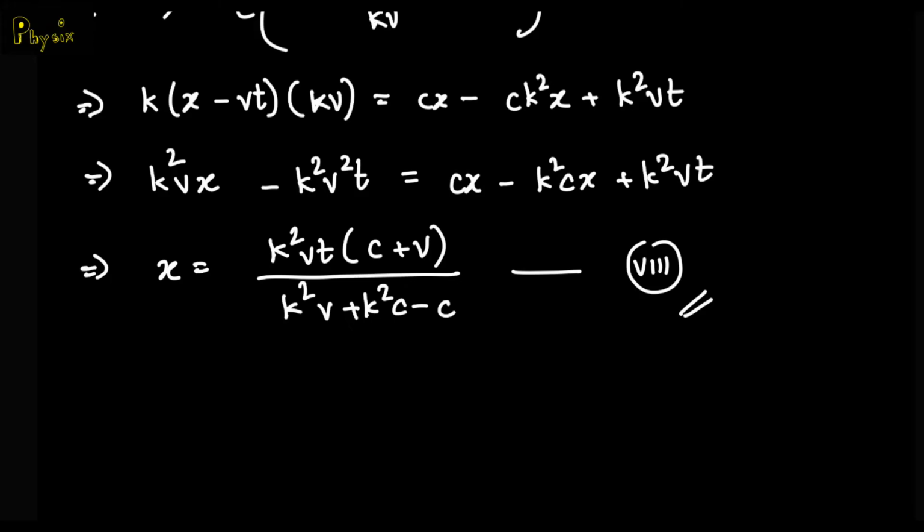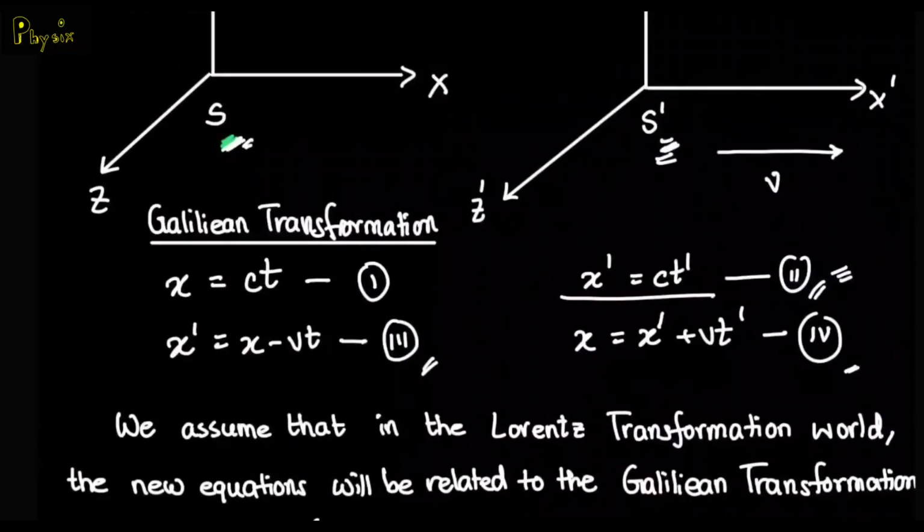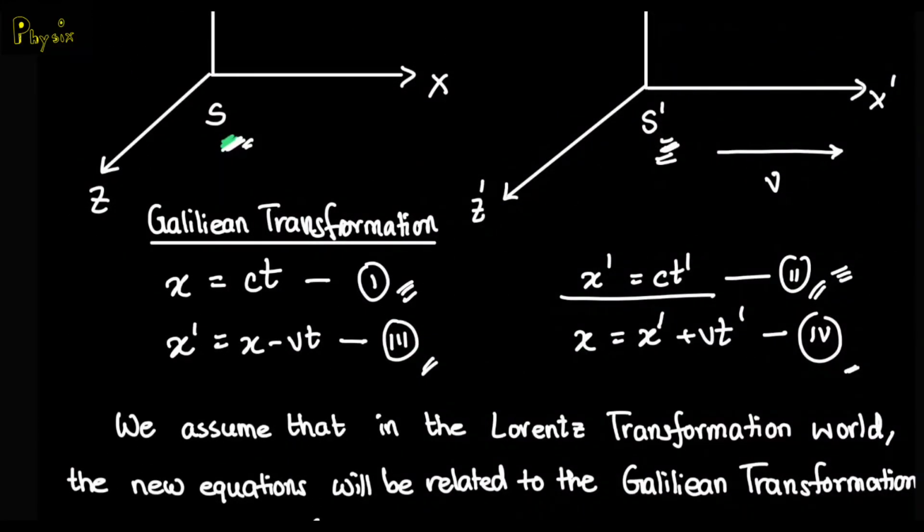A lot of equations so far. Now, if we use equation 1 over here, and back substitute the value of x over here, then we can find a value of k squared that can be used to find our required Lorentz transformation equations.